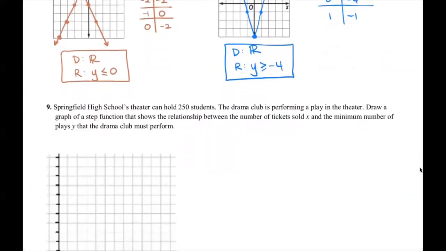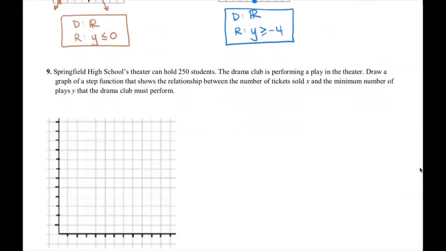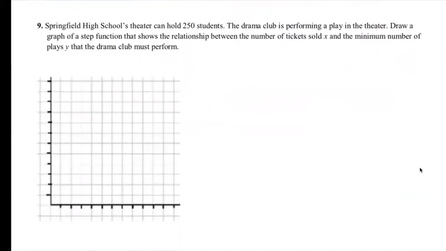Okay, our last problem here, a word problem, just to show you how step functions can actually pop up in a real life situation. It's not this random thing a math person just conjured up. So number 9, Springfield High School Theater can hold 250 students. The drama club is performing a play in the theater.